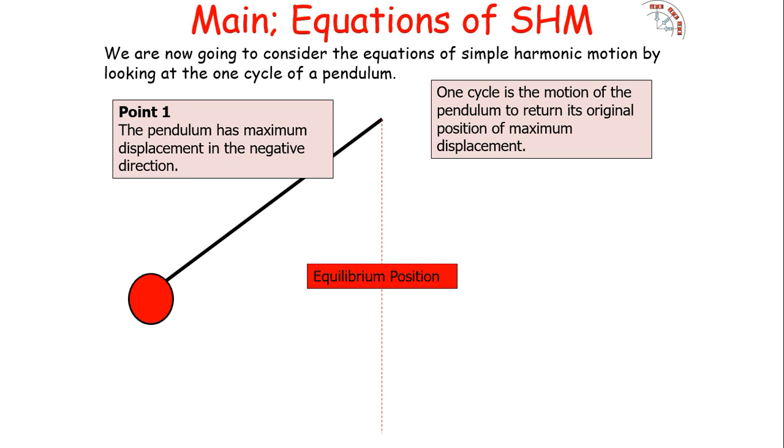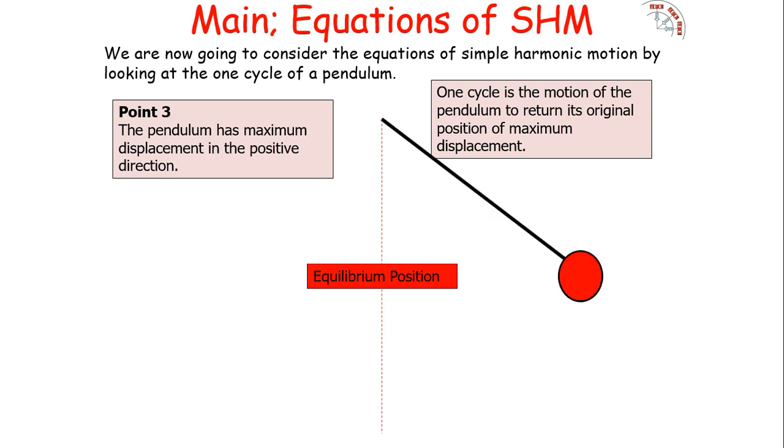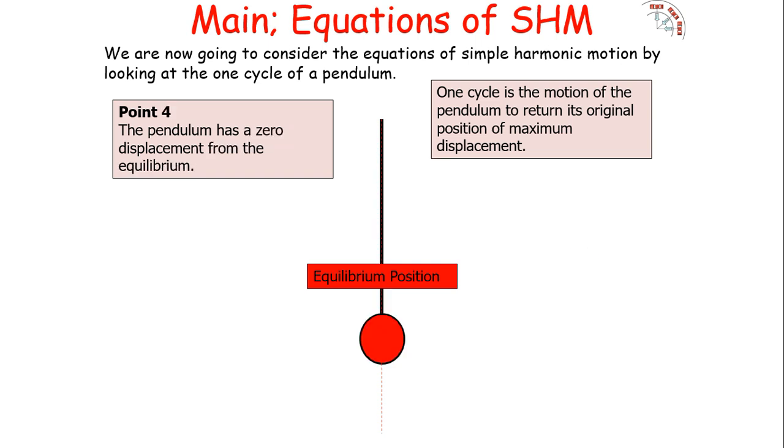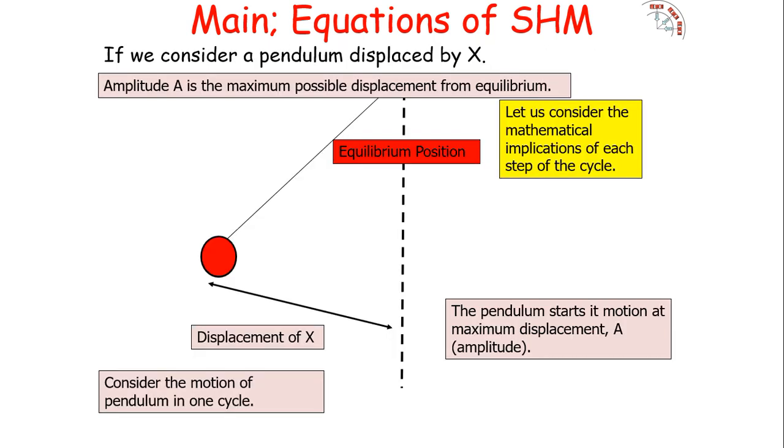in this particular example. Then at point 2, it's got zero displacement from equilibrium. At point 3, it's got maximum positive displacement from equilibrium. At point 4, it's got zero displacement from equilibrium. At point 5, having completed the cycle, it's now got maximum negative displacement again. So let's now consider A, the amplitude, which is the maximum possible displacement from equilibrium.